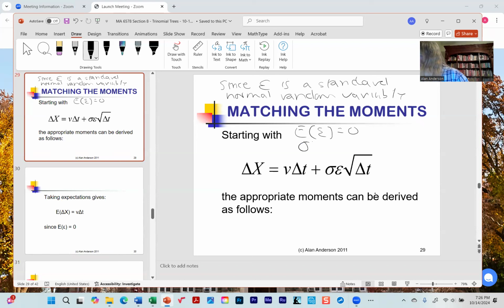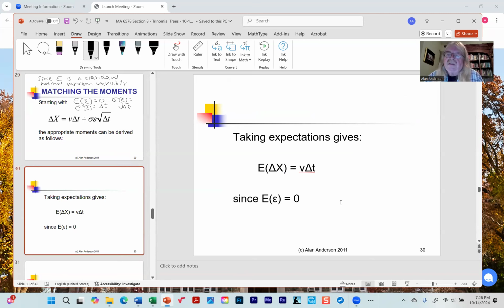The variance should be delta t, and then the standard deviation should be this. So what they want us to do is make sure this is correct.